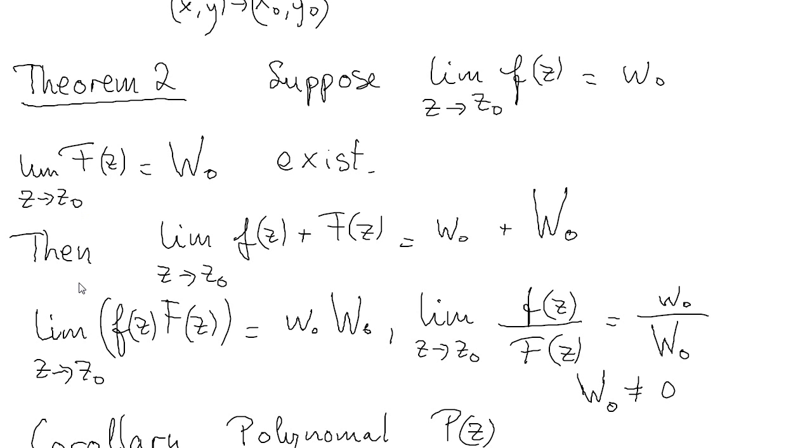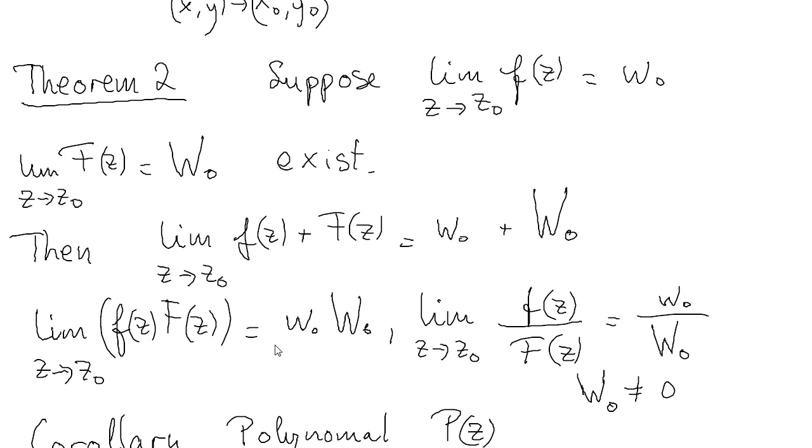Then it does not come as a surprise that the limit of the sum of these two functions is what you should expect, that the limit of this sum is equal to the sum of the corresponding limits.